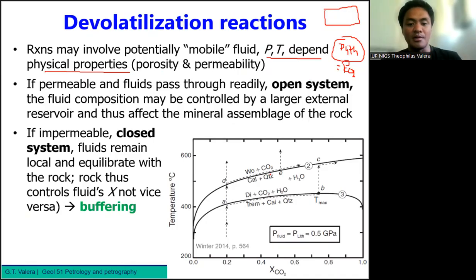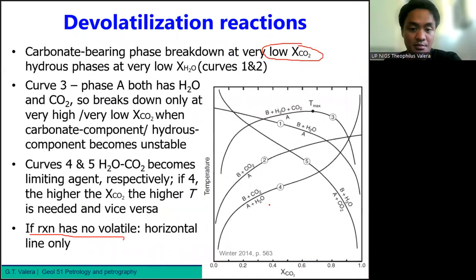Okay, so for example, let's look at this reaction: tremolite plus calcite plus quartz equals diopside, carbon dioxide, and water. This is the type from earlier; it produces both carbon dioxide and water.